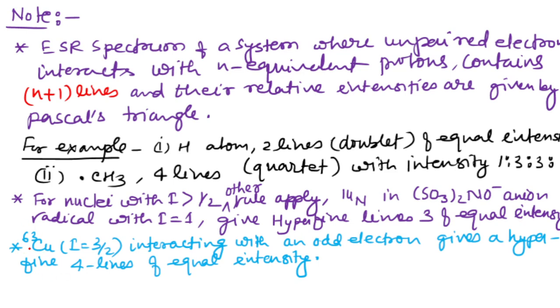And the last one, copper 63, has an odd mass number, and its I value is 3/2, and interacting with an unpaired electron it gives 4 hyperfine lines of equal intensity. So this is all about ESR, electron spin resonance. Hopefully you understand this lecture.